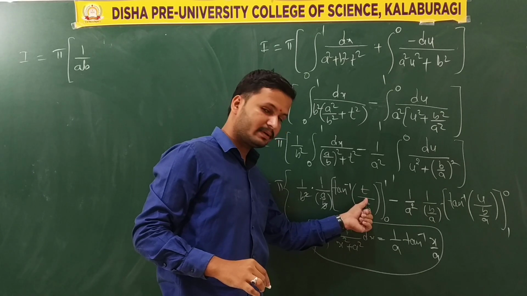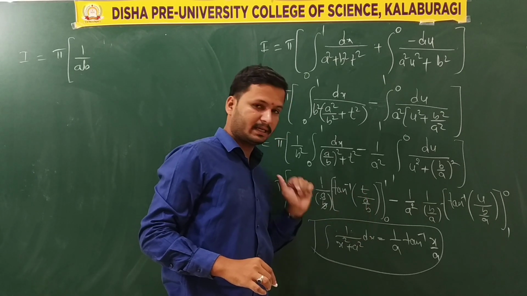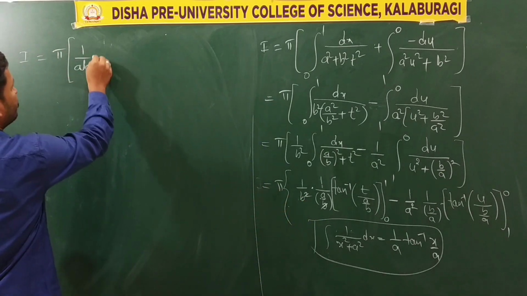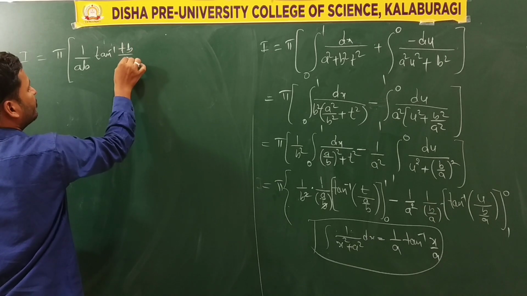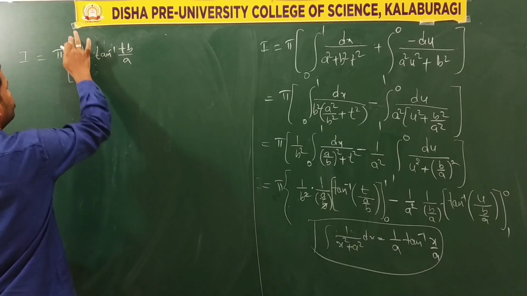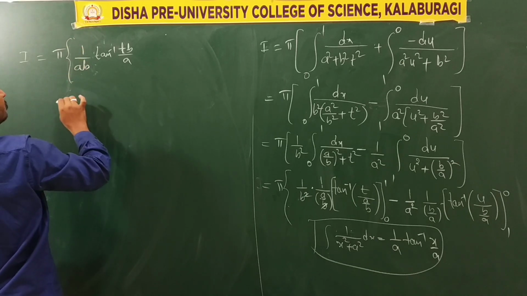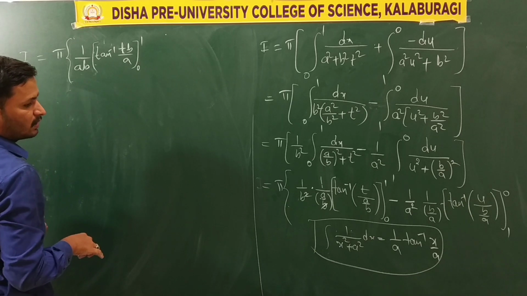So t divided by a by b is tan inverse of t into b divided by a. Limits from 0 to 1.